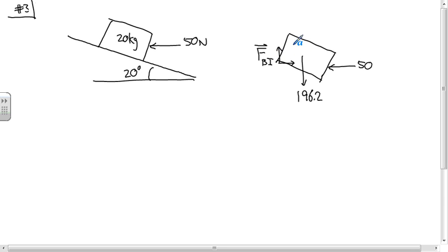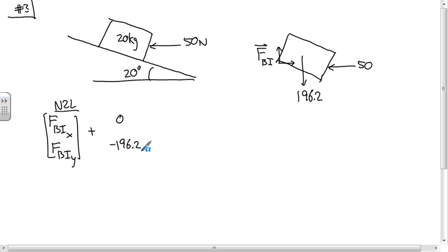Since we didn't break this up into a normal force and a friction force, we're going to do Newton's second law without that angle even coming into it. So Newton's second law says F_BI,x, F_BI,y plus 0, negative 196.2, plus negative 50, 0, is equal to zeros.